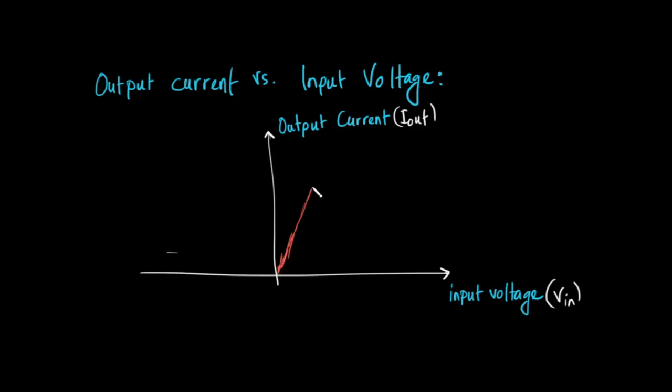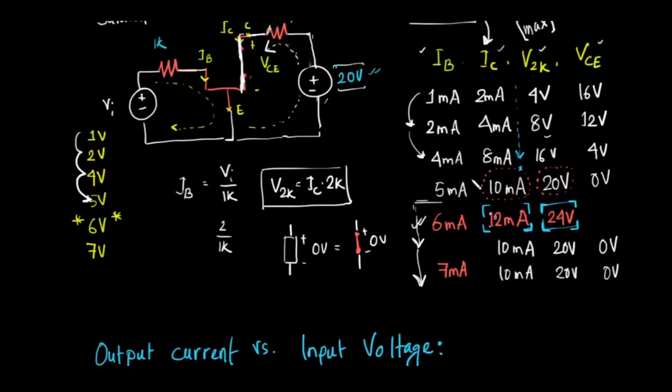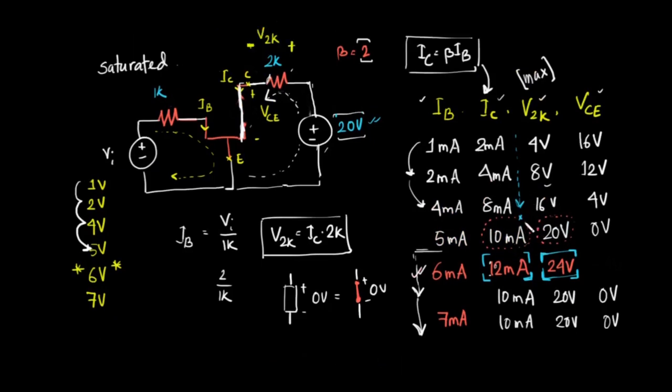But after the output current reaches a maximum value, suppose this is the value, the maximum value of the output current, in this case 10 milliampere as we saw in the last lecture, then after that point, if you increase the input voltage even further, suppose we raised our input voltage to 6 volt and then 7 volt, the output current will not increase.